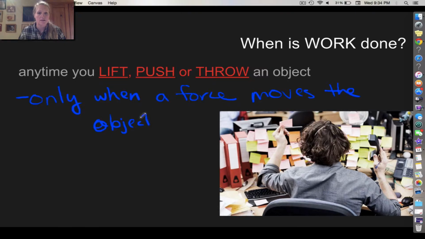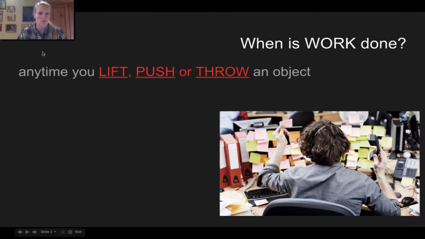So the key is that you have to lift or push or throw something. When you go to lift something, sometimes you aren't able to lift it off the ground. That would not count as doing work. Of course, you know that you're doing something, but as far as being classified as work, it is not. Same thing when you push something. So that's a major thing.